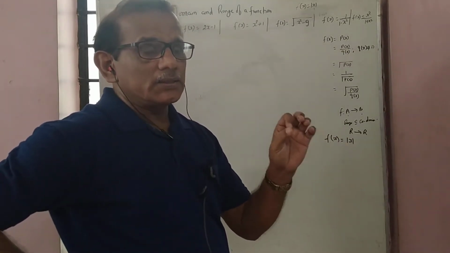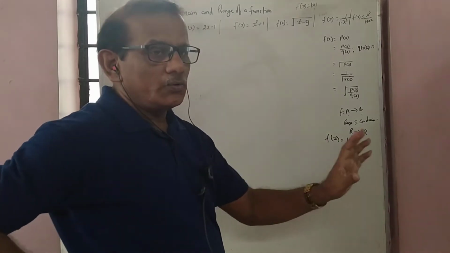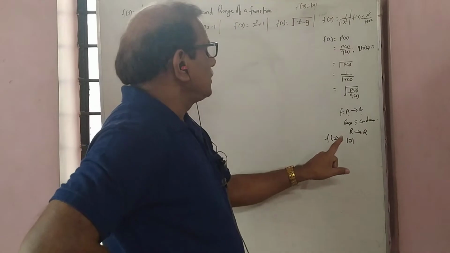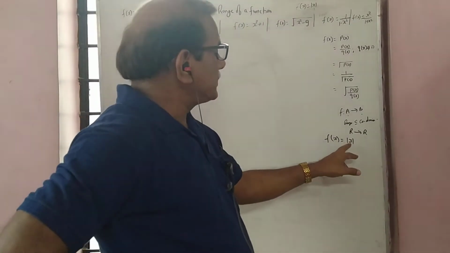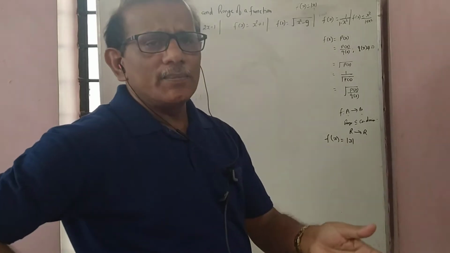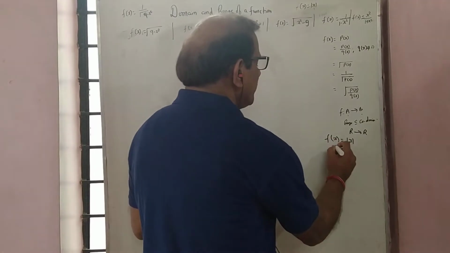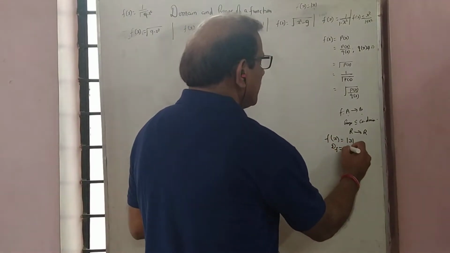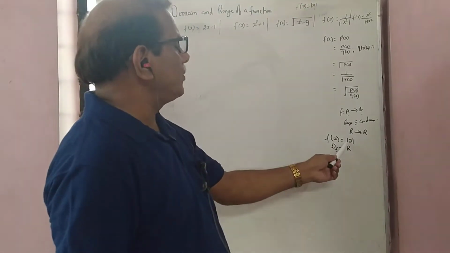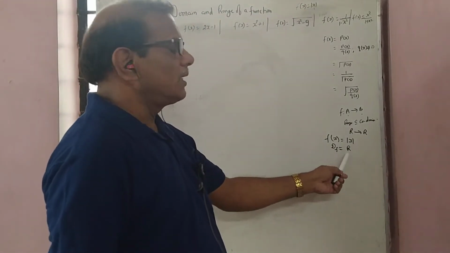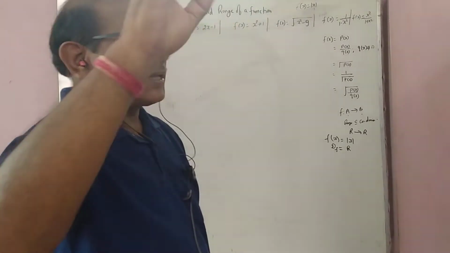The range is the set of all possible values of y, where y = f(x). Coming to f(x) = mod x, inside the mod any real number can be taken and the function will be defined. So the domain of the modulus function mod x is all real numbers.